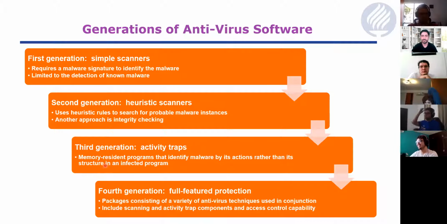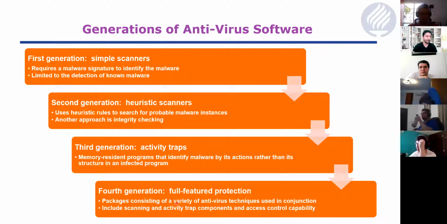Basically, the third generation looked at the behavior of the malware, not simply how it infects the program, but how the malware behaves in the system, trying to detect it by the behavior.